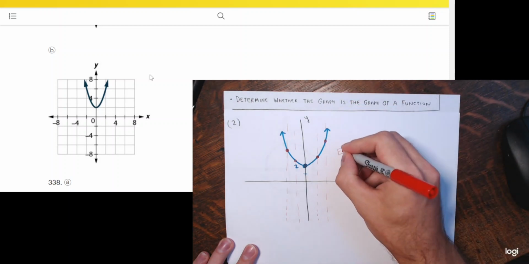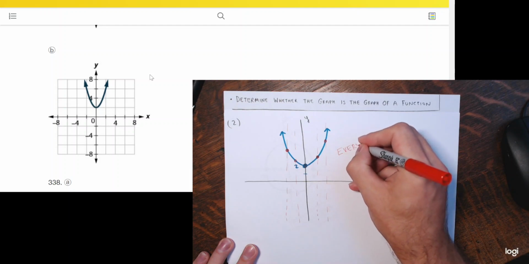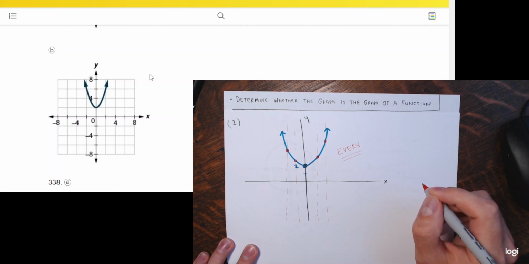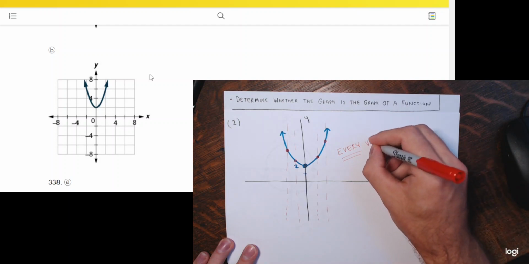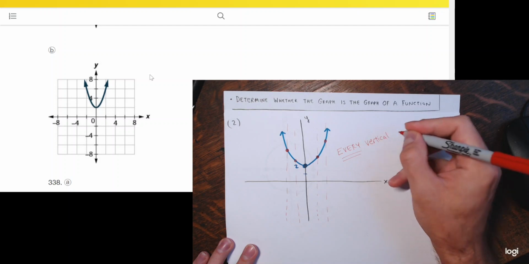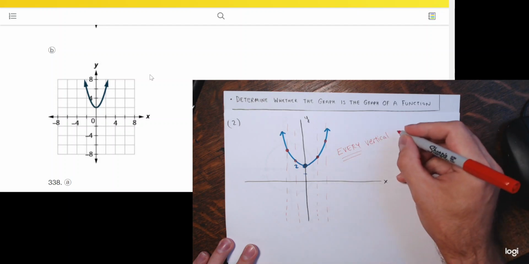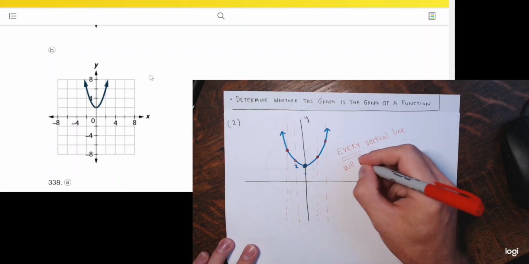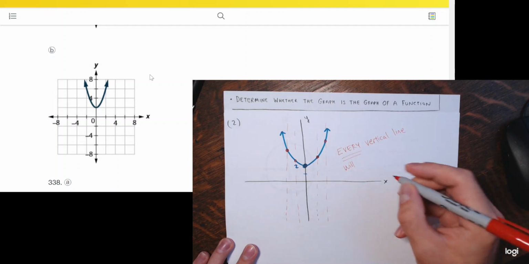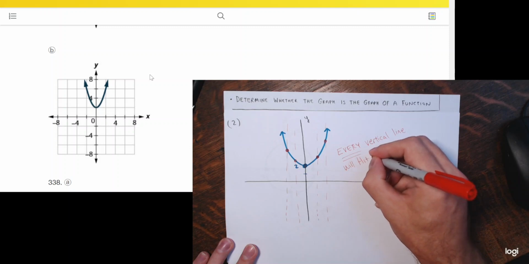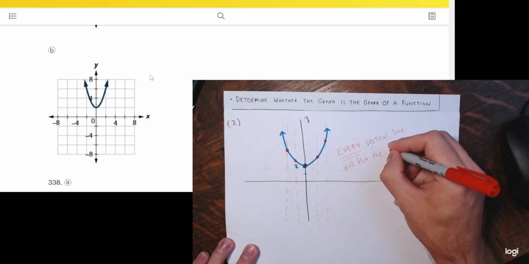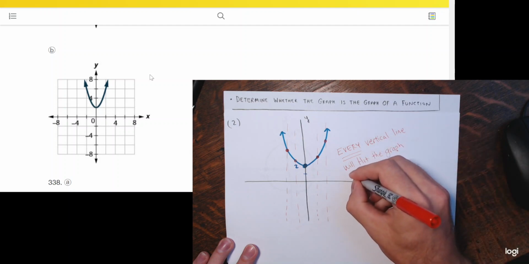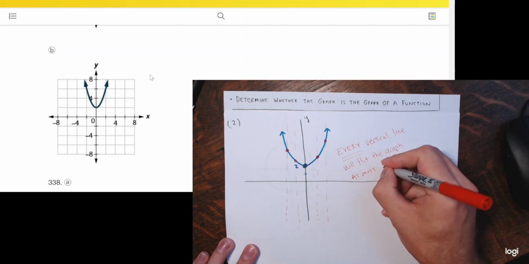Every vertical line, and it's got to be every possible vertical line in order for the graph to be a function, every vertical line will hit the graph at most one time, or will intersect the graph at most once.